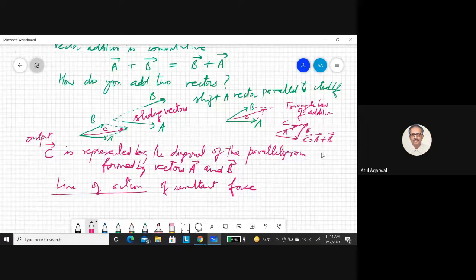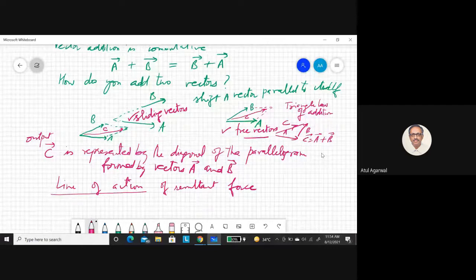Here, these vectors are known as free vectors. You have moved the vector parallel to itself. If this is allowed, you can do this. For forces, when forces are vectors, we allow only sliding of the vector.